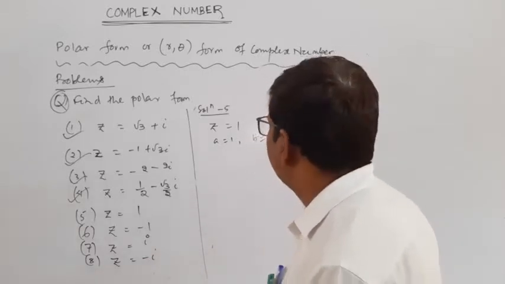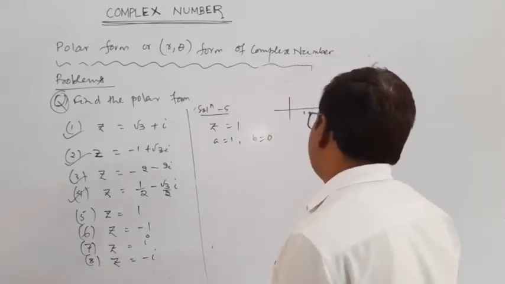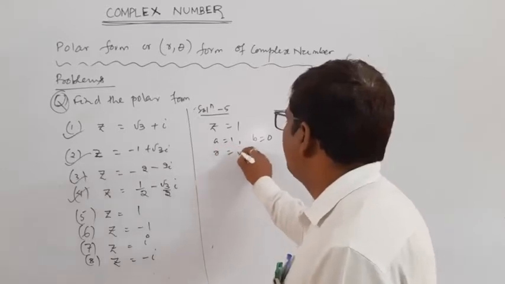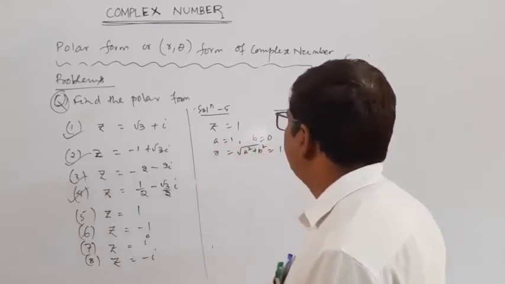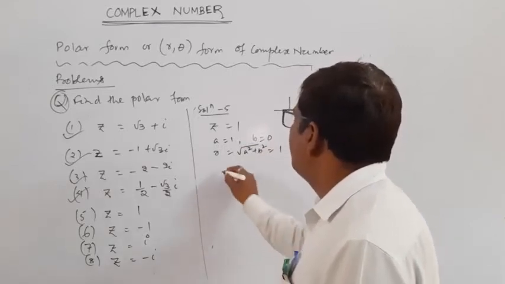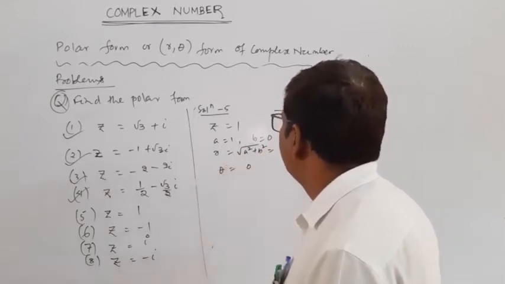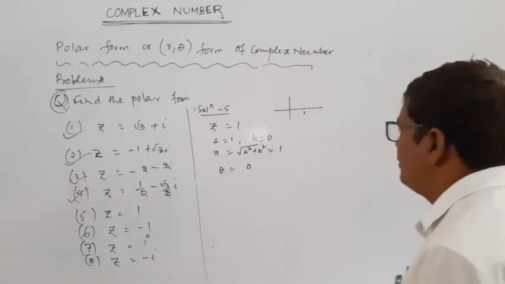So theta is the principal argument. r is equal to the square root of a square plus b square, that is 1, and theta is equal to 0.